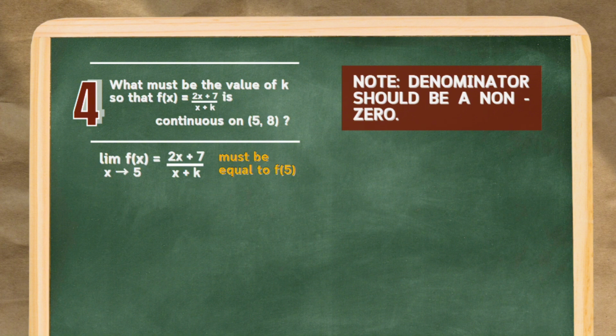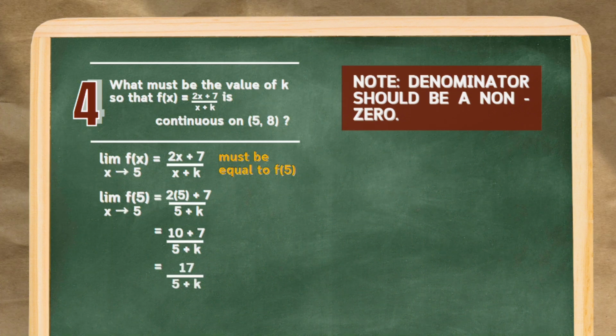By substituting the value of x, which is 5, the limit of f of x is equal to 2 times 5 plus 7 over 5 plus k. So 2 times 5 is equal to 10. 10 plus 7 is 17, so it becomes 17 over 5 plus k.